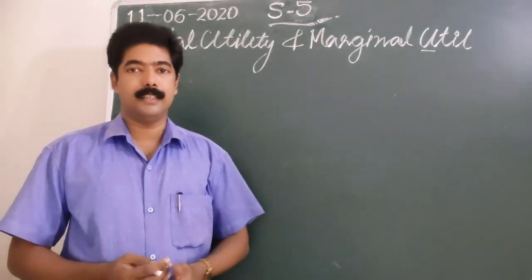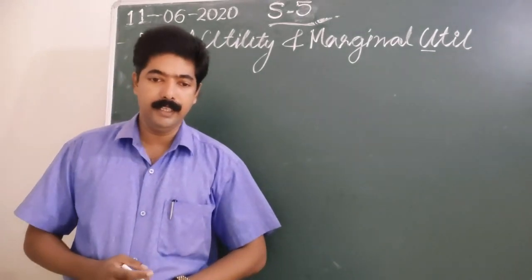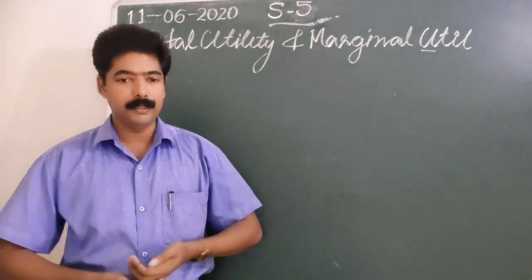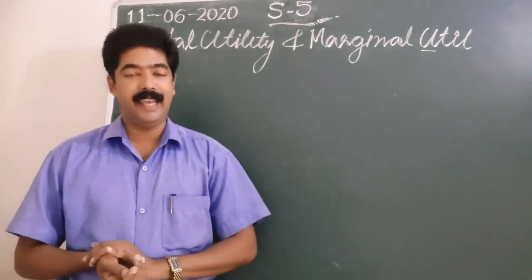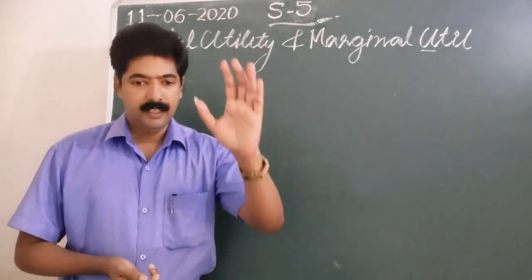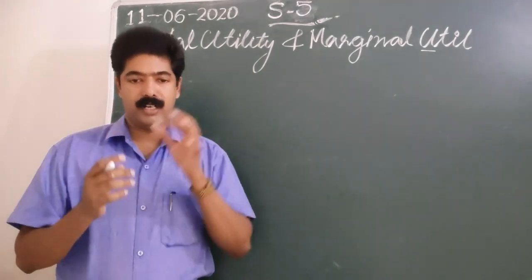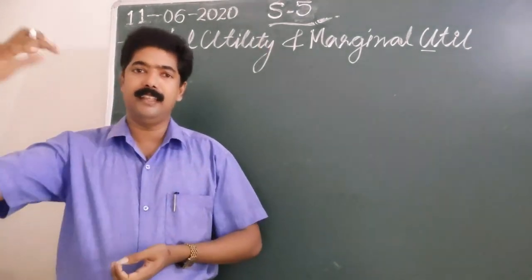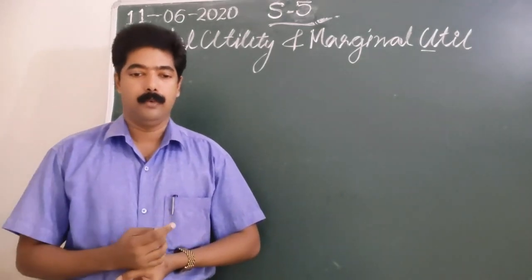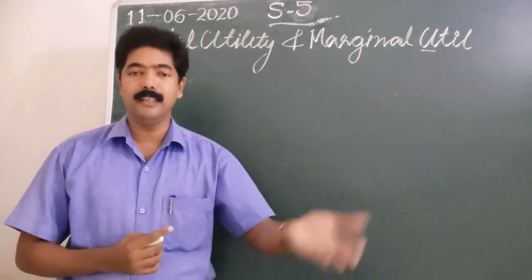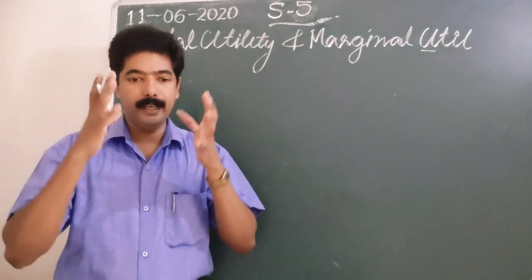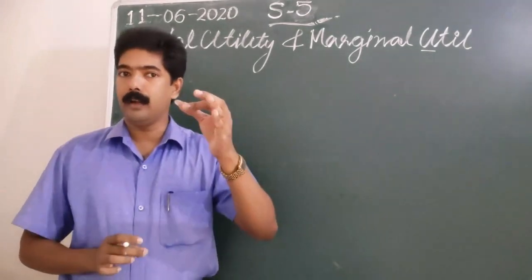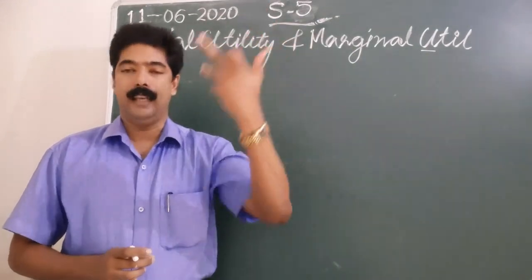Let me explain it very clearly. Let the number of mangoes consumed be equal to n. Then the last mango consumed by the consumer is the nth mango, and n minus 1 is the mango one before the last.